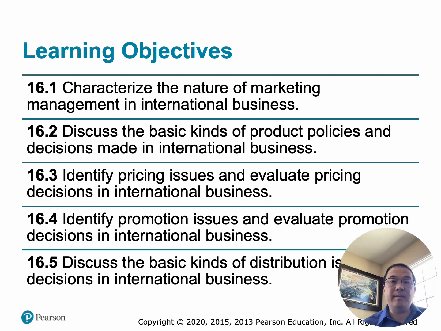As an example, Amazon uses different distribution systems across countries because infrastructure and consumer buying habits differ. The distribution challenges include transportation systems, warehousing, retail structure, and local regulations. So the main lesson here is even a great product can fail if customers cannot easily obtain it.